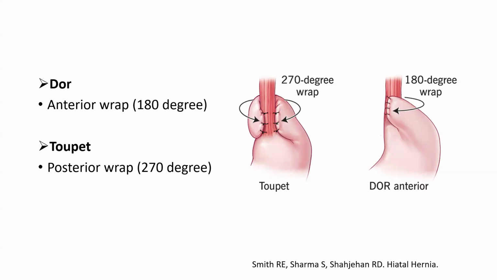You don't have to do the more extensive posterior toupee or Nissen fundoplication. That is the only indication for a Dor repair. If it is for hiatus hernia, you don't do a Dor repair. Is it clear, all of you? Yes. Okay.